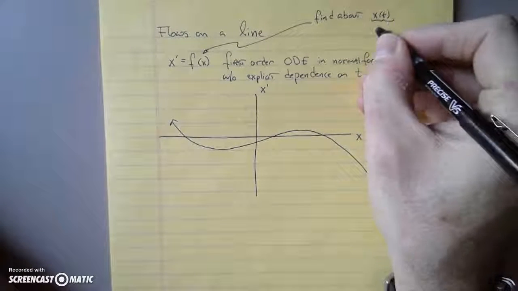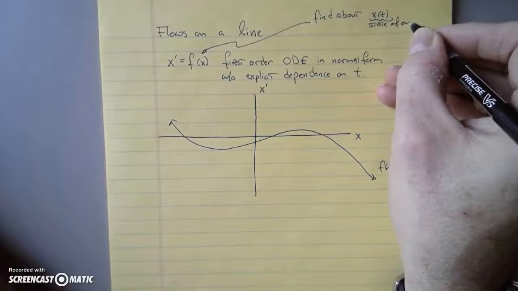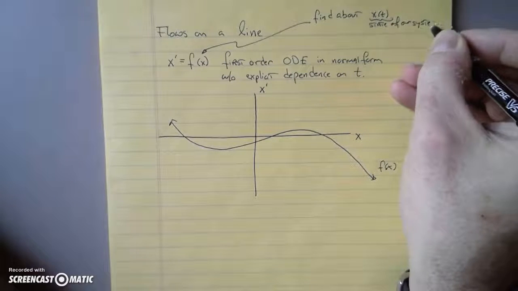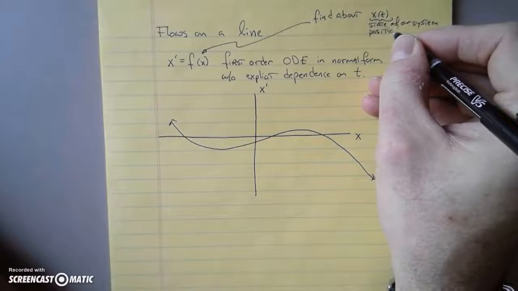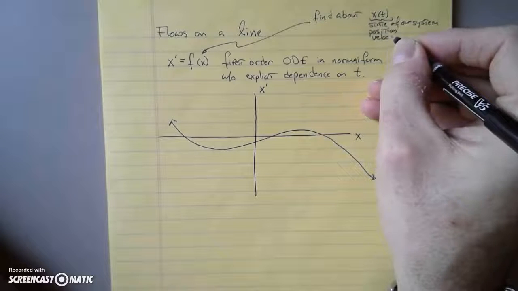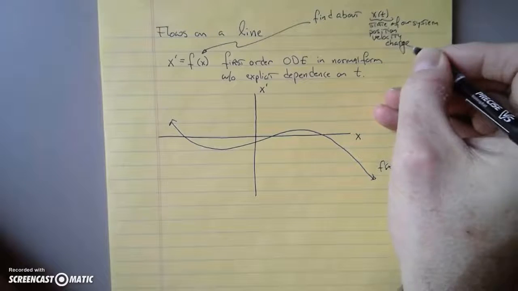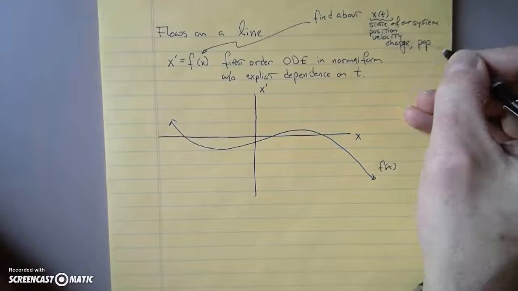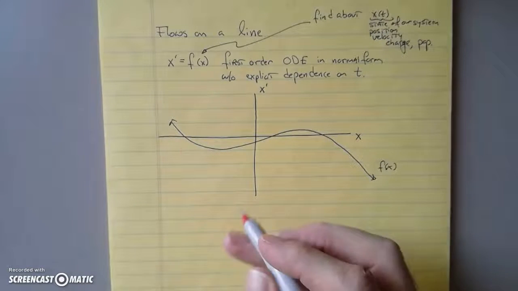This is the state of our system. It could be a position, a velocity, the charge on a capacitor, the population, any number of things. Something that changes as time goes on. So this graph is going to help us learn about the unknown function.